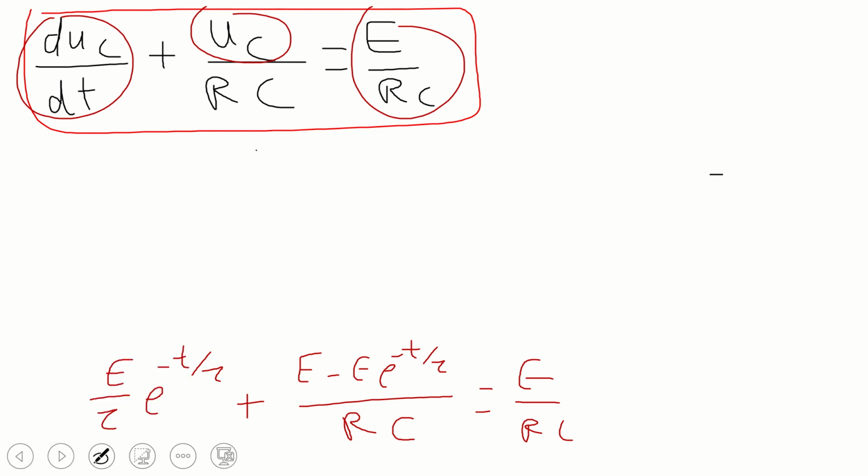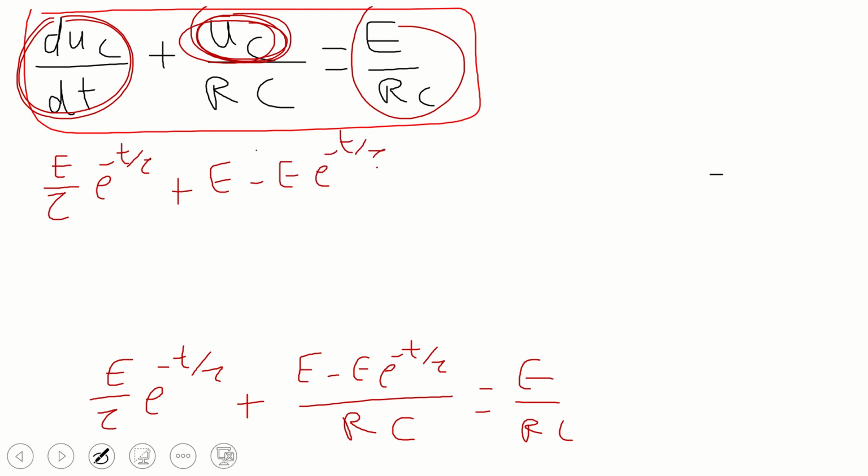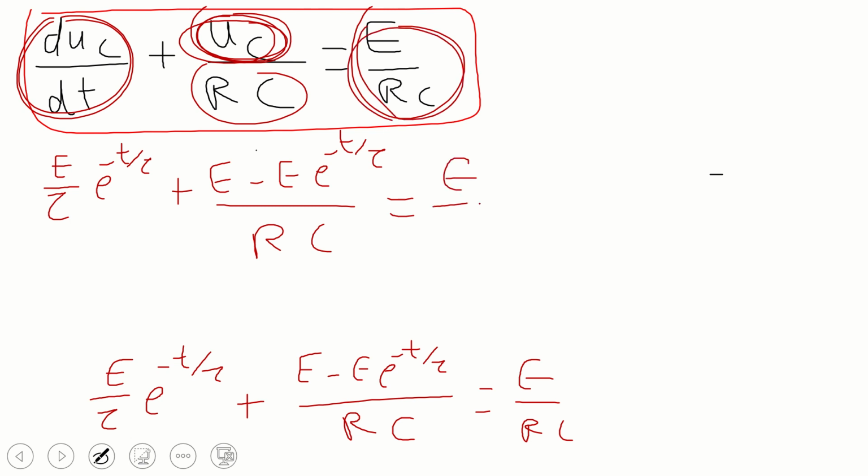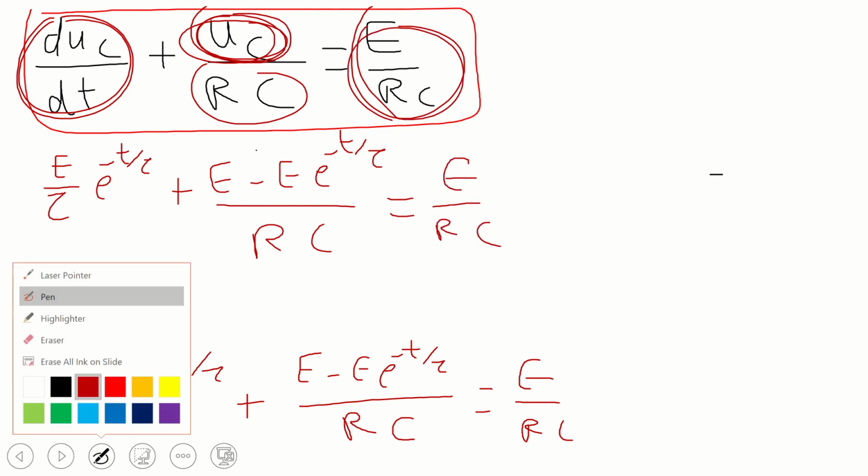So I write it here: E over tau exponential minus t over tau plus E minus E exponential minus t over tau, divided by RC, equals E over RC.